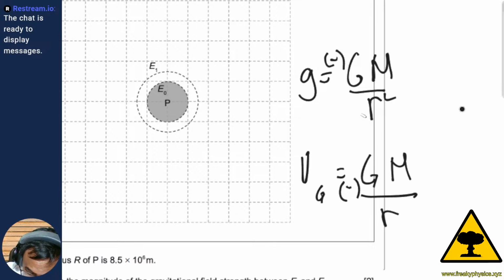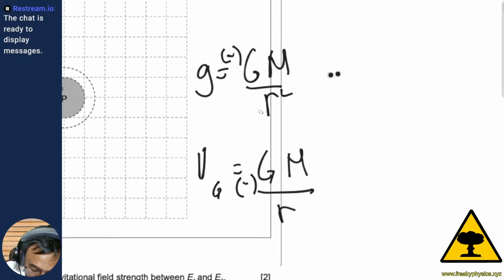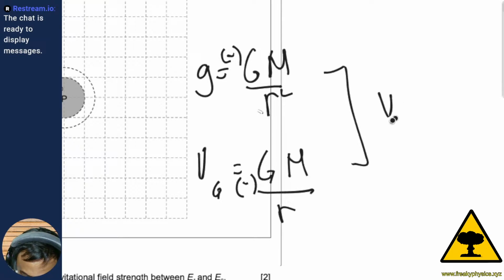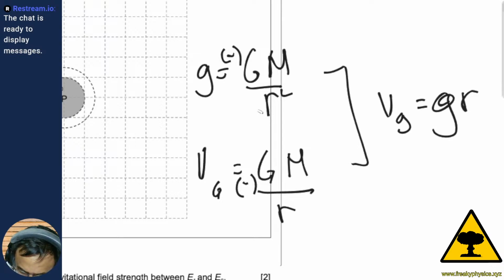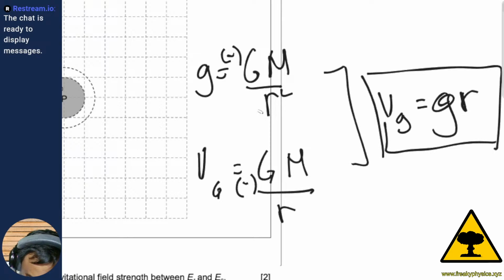So if you look at this carefully, you can easily see what the relationship between these two is. It's just that Vg is equal to g times r. Okay, and this is the equation we will use to find the gravitational field strength difference between the two equipotential lines.